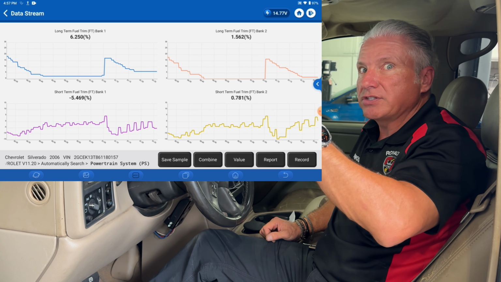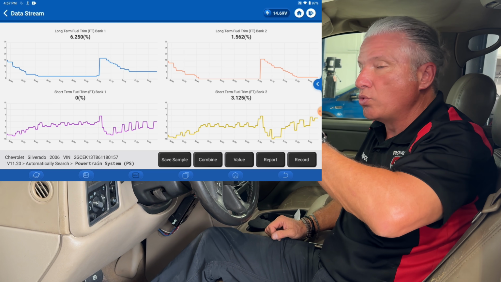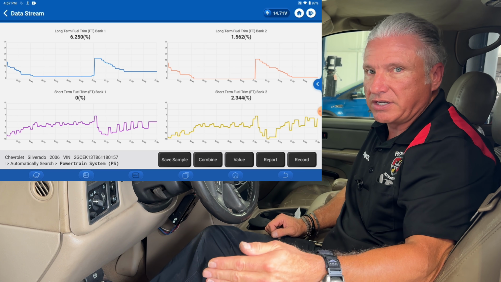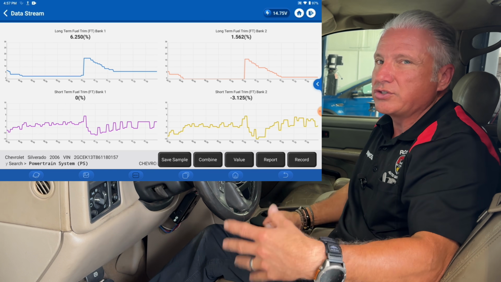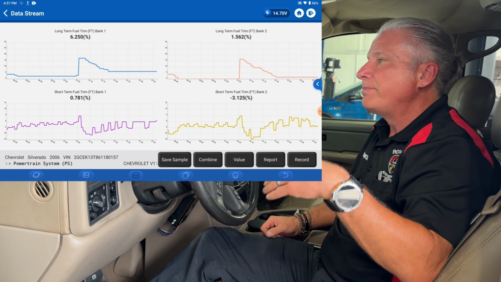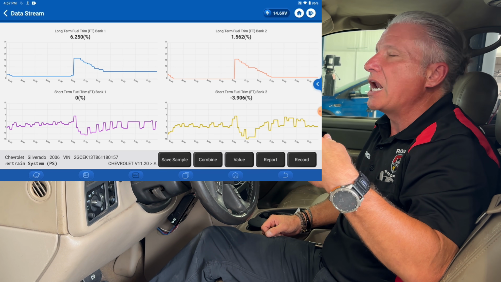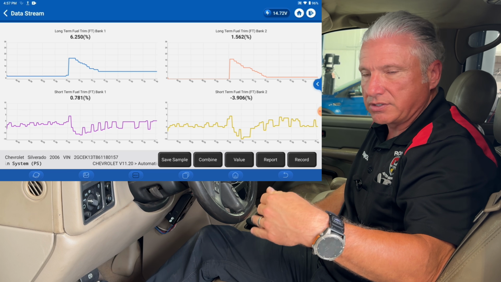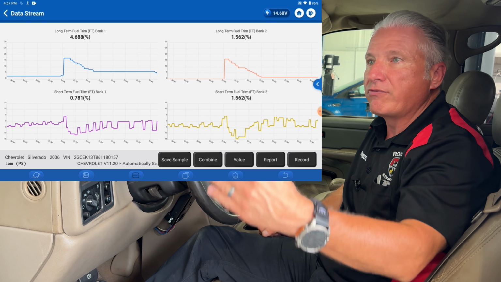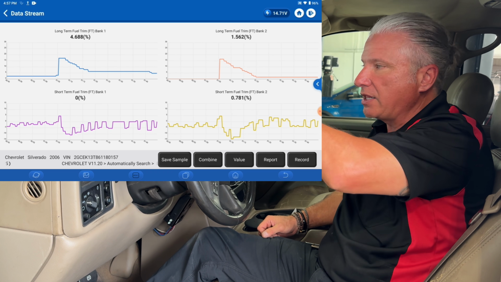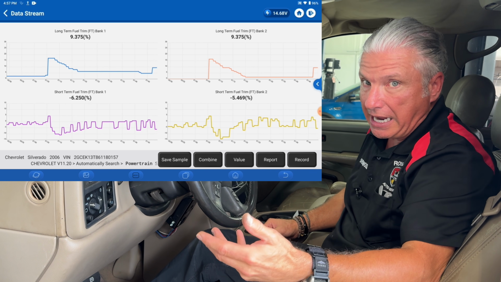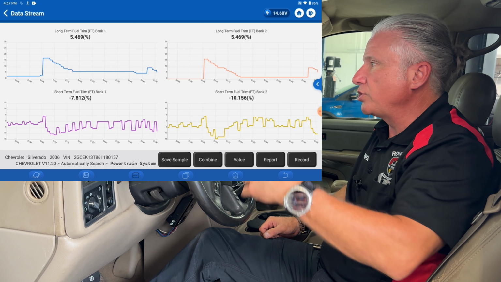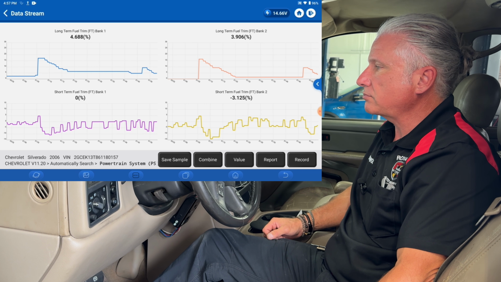There's a lot of different cells that this thing can go in, so you want to go drive it so that the client doesn't have to deal with anything. This vehicle is going to correct itself really fast. Some vehicles can take a long time to correct themselves. You'll see it immediately between short and long, but the long-term trend might take a long time to correct. This one you can see came down pretty fast.